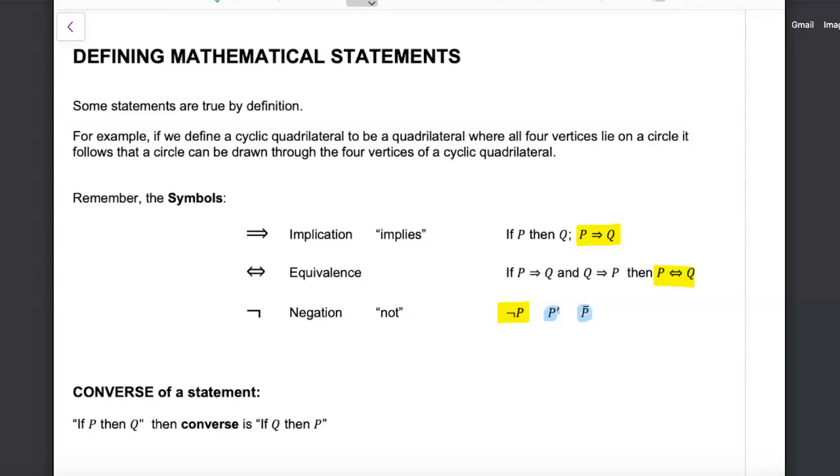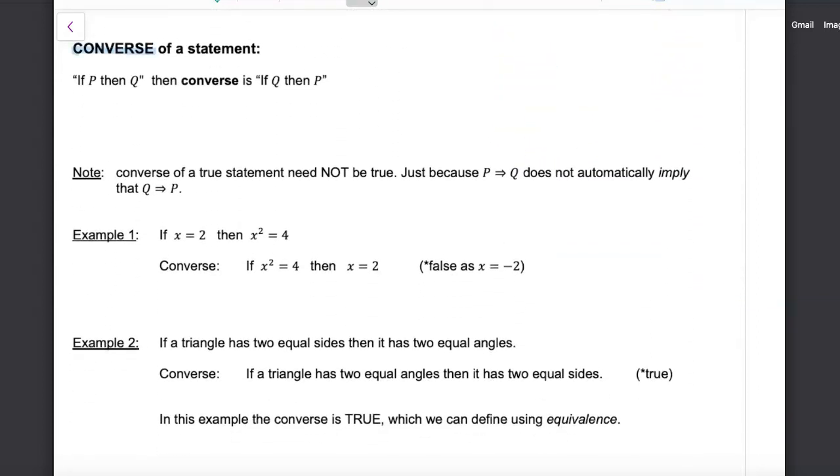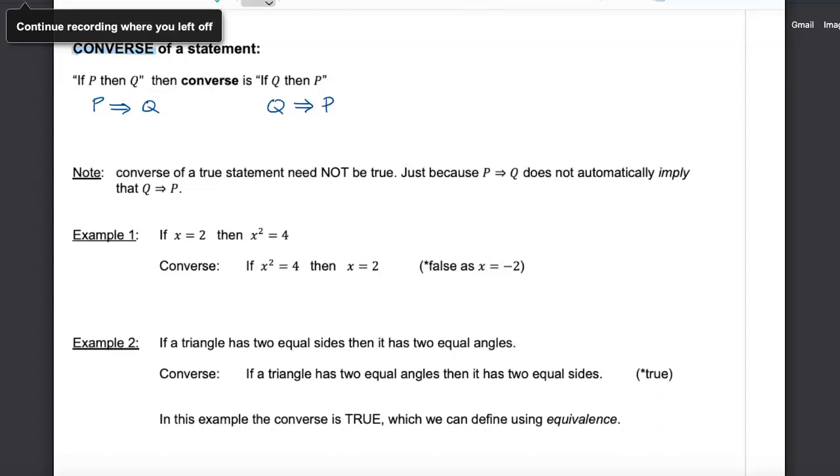So we're going to have a look at what we mean by the converse of a statement. The converse of a statement is where we flip around the two parts of our statement. So if we say if P then Q, which we know as P implies Q, the converse will be Q implies P. We've simply flipped around the P and the Q. Now, just because the initial statement is true, it doesn't mean that the converse is also true.